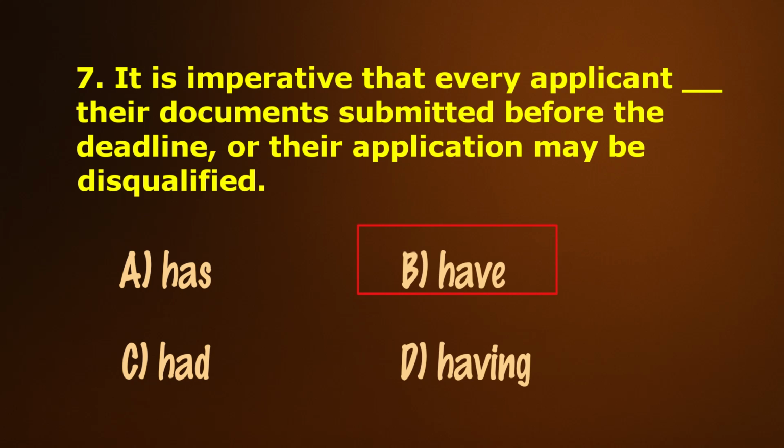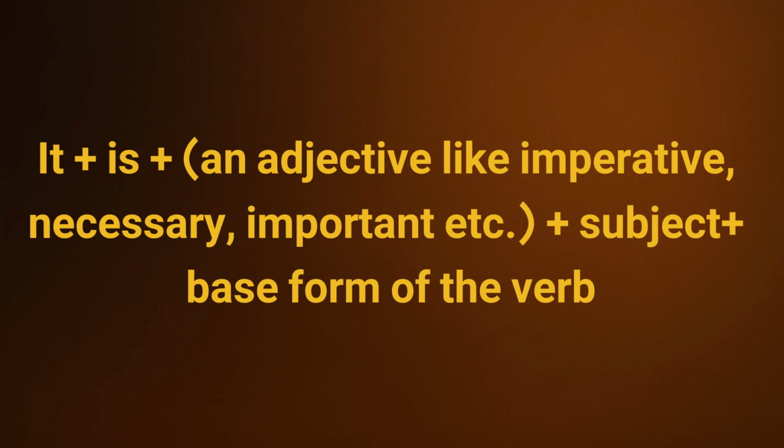It is imperative that every applicant have their documents. Imperative indicates something necessary, an order. This is another structure of the subjunctive mood: it plus is plus an adjective like imperative, necessary, important, etc. plus subject plus base form of the verb.